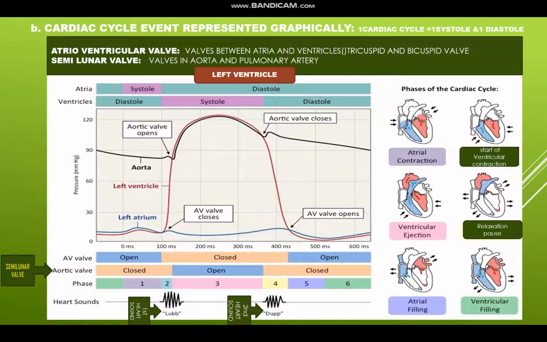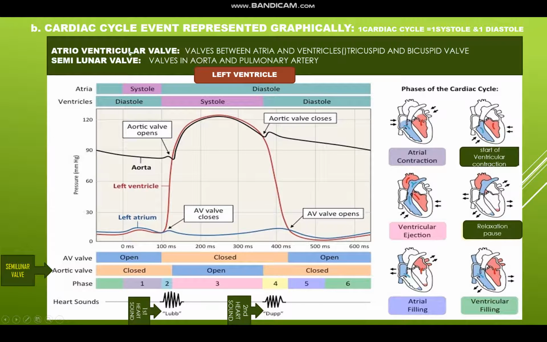First of all, I am going to explain what this graph represents before we talk about the cardiac cycle. Now you can see that there are two axes in this graphical representation of the cardiac cycle. The y-axis represents the pressure of the blood in millimeters of mercury, and the x-axis the time in milliseconds.